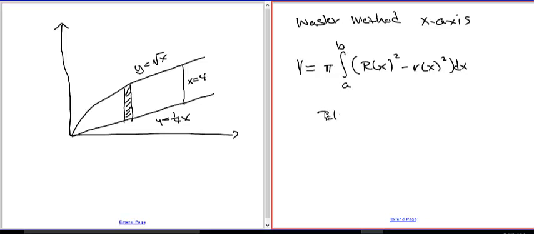So in this case, capital R of x is the square root of x. And small r of x is equal to 1/4 x. And a is equal to 0, and b is equal to 4.